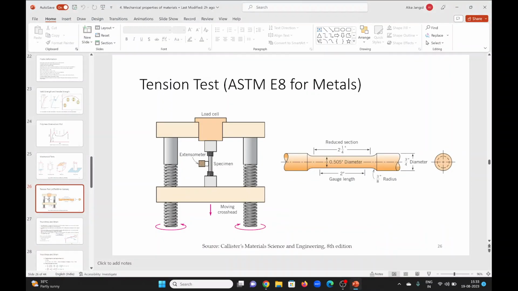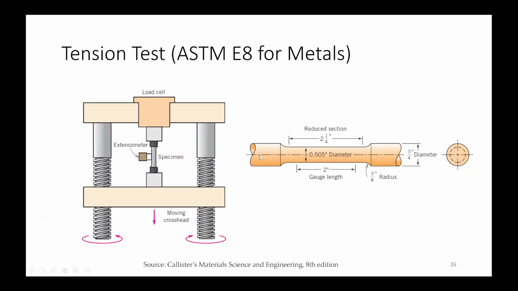When you grip your sample in the machine, there will be stress concentration at this part, so we don't want the sample to fracture from this part where we are not measuring the stress strain. We want to measure in this part, so we keep its cross section less so that stress is higher and this area reaches the fracture strength earlier compared to this one.